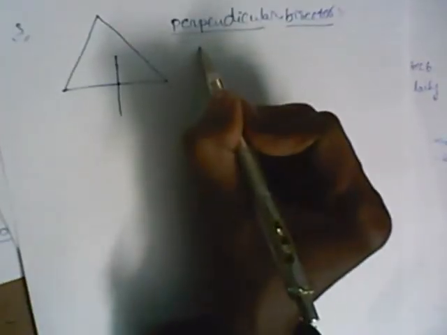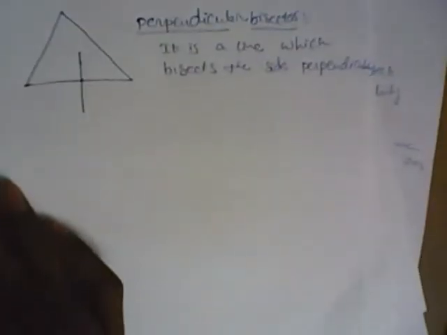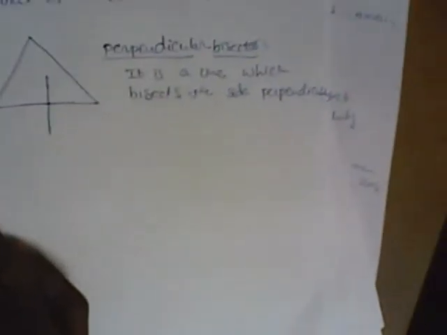What is meant by perpendicular bisector? A perpendicular bisector is a line which bisects the side perpendicularly.